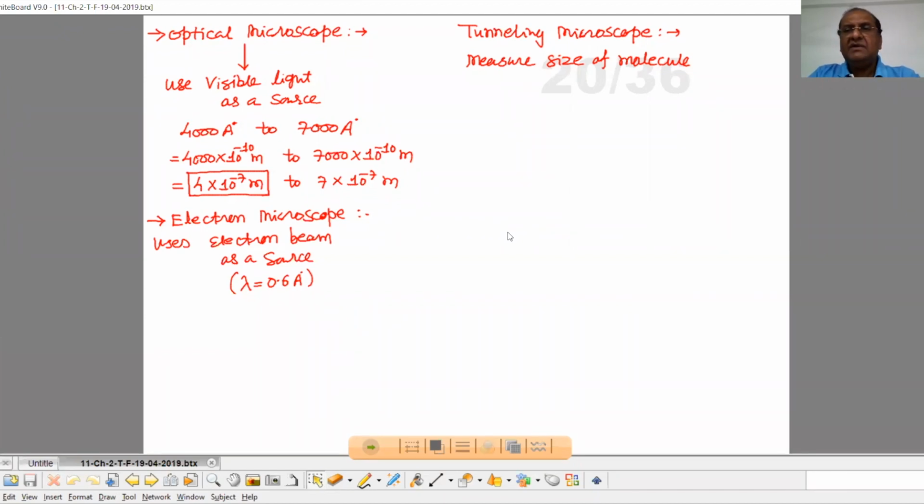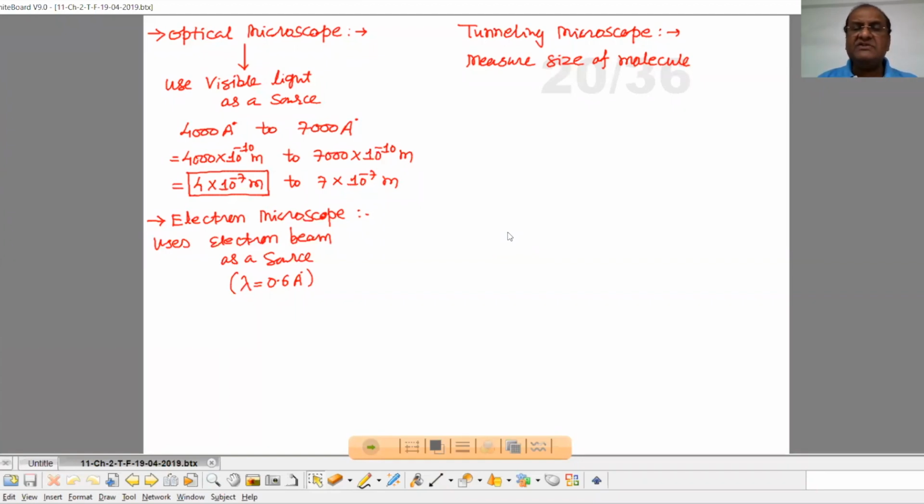Okay. But beyond this range, from 10 raised to minus 5 meter to a few meter, if you want to take measurements beyond this range, then you have to think about some alternative methods. If we want to take large measurements, means if we want to measure the distance between earth and moon, earth and sun, then we discussed the alternative method.